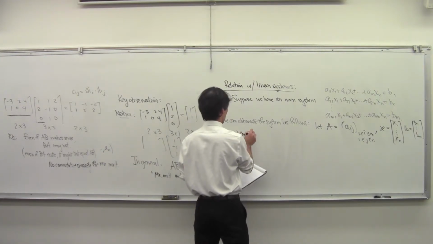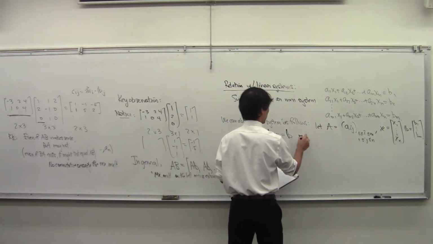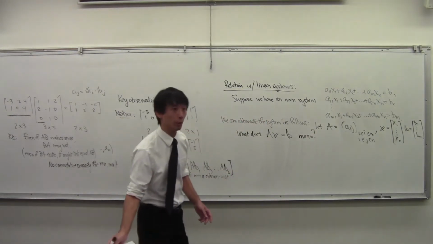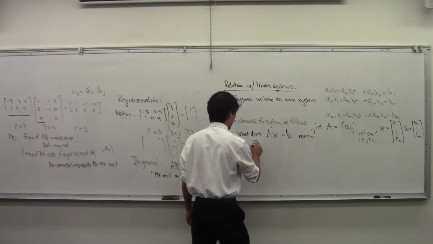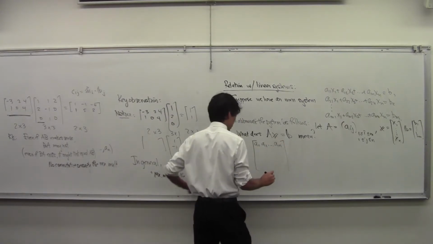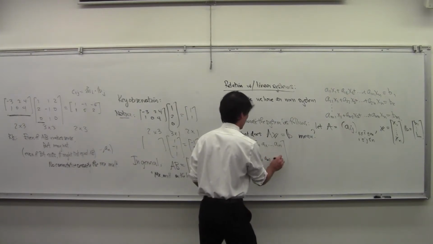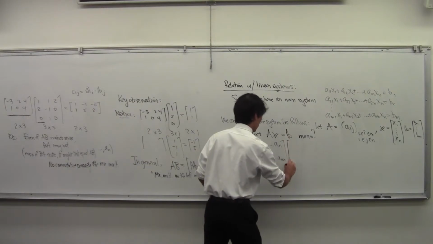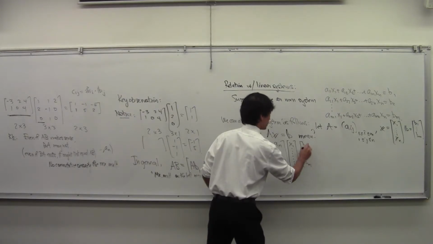What does AX equal B mean? Well, that would mean that the matrix A11, A12, ..., A1n, down to AM1, AM2, ..., AMN, times X1 through XN, equals B1 through BM.